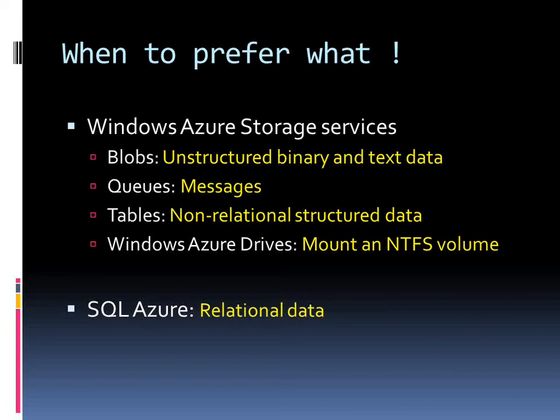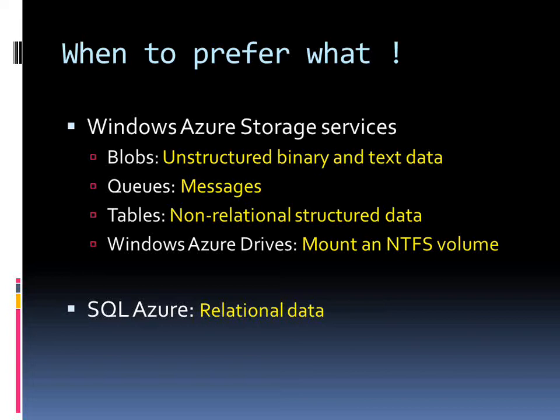Similarly, when you want to post a comment or an update, that goes as non-relational structured data in the form of tables, and when we want to upload our photos and videos, that can go into blobs. So together, blobs, tables, and queues can work together and be used as a backend for your applications.